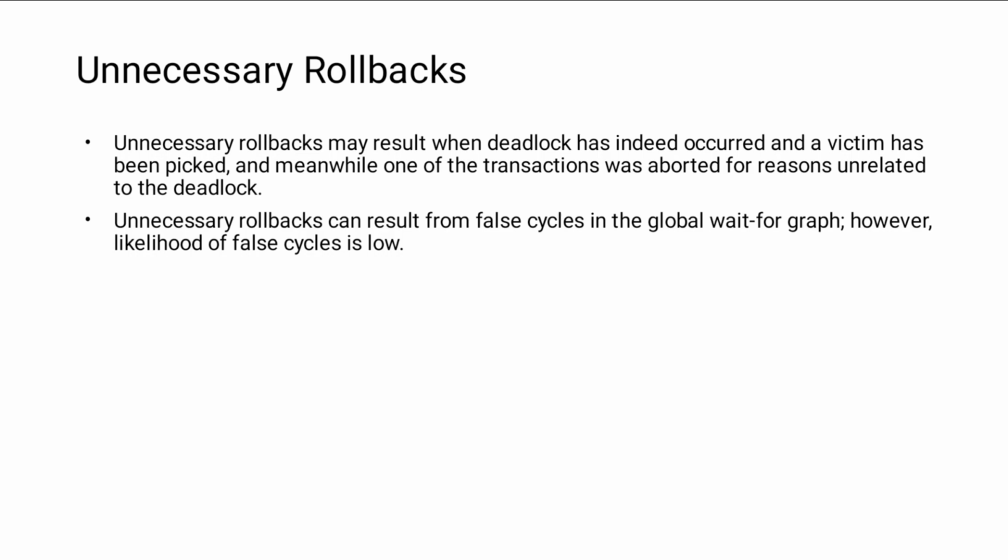Unnecessary rollbacks may result when a deadlock has indeed occurred and a victim is picked. In that situation, only rollbacks happen, that is, undo. We have to abort those transactions and return to the previous state.